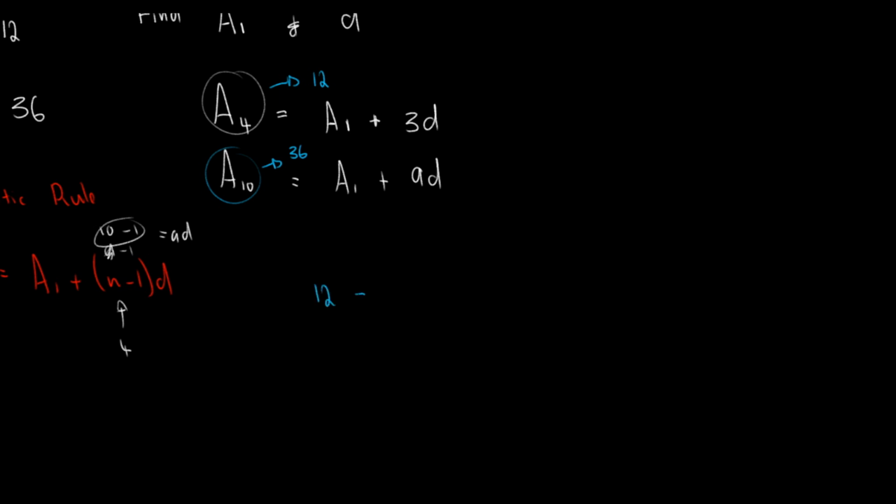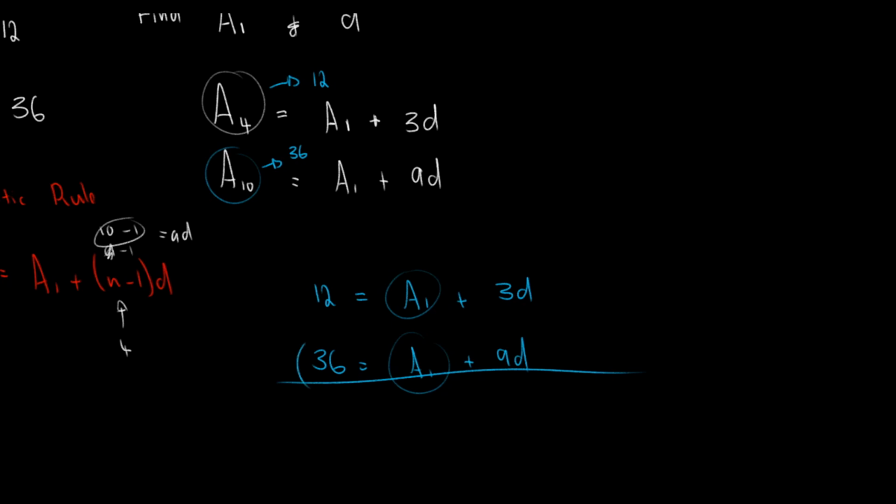So 12 is equal to A1 plus 3d, and 36 is equal to A1 plus 9d. Now I'm going to use a system of equations to solve this one. So I have the same term, A1. So how do I get rid of it? Well, I'm going to use the system of equations method with subtraction.